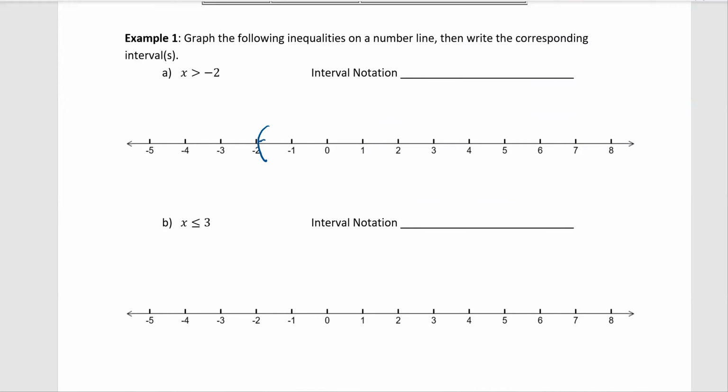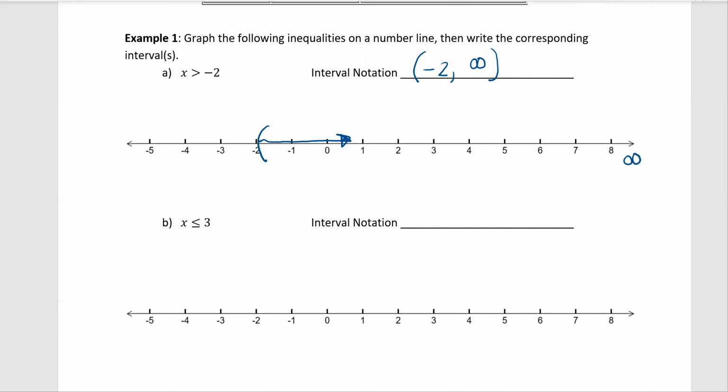And since x is greater than -2, we will shade to the right. You might want to put positive infinity on your number line because the interval is going to be read from your number line. We have a parenthesis on -2, and we go all the way to infinity. Infinity always has a parenthesis, never a bracket.